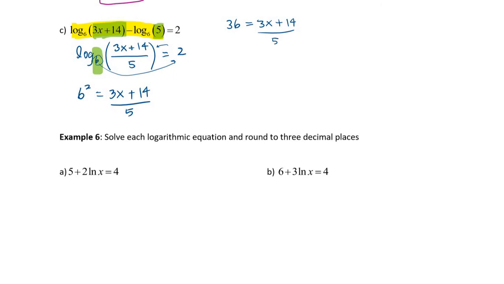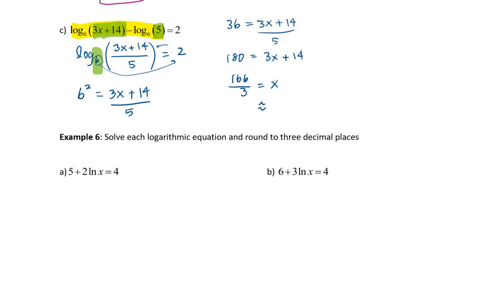Multiply by 5 on both sides to get rid of that. 180 equals 3x plus 14. Subtract 14 and then divide by 3. So if you subtract 14, you get 166.